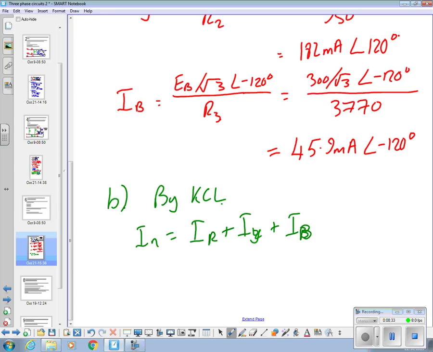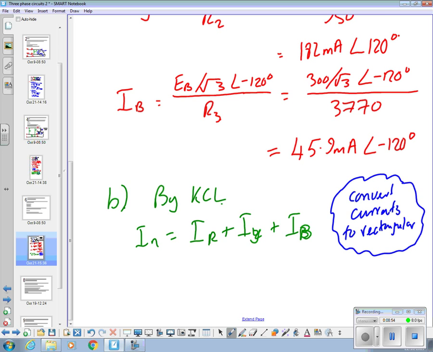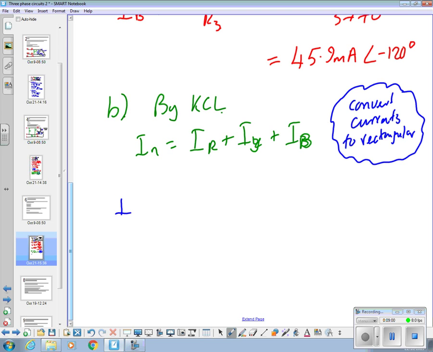But we've got to have them in rectangular values, so just put a note here, convert currents to rectangular. That's what we need to do. So IR, which was 88.8 milliamps, angle 0 degrees, in Cartesian is what it was before, 88.8 plus 0j.